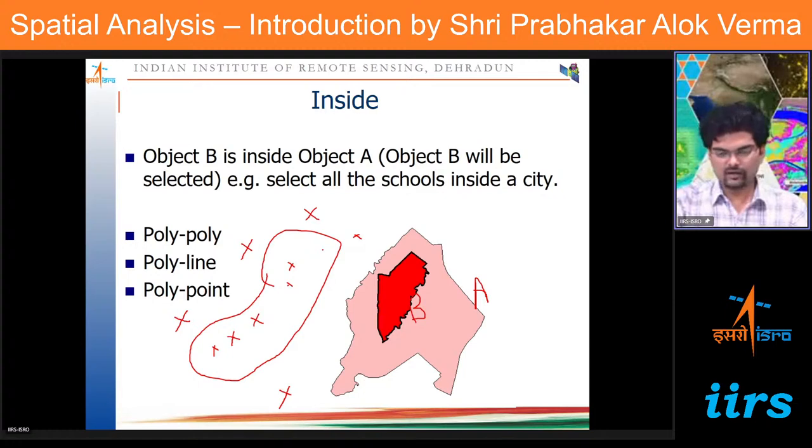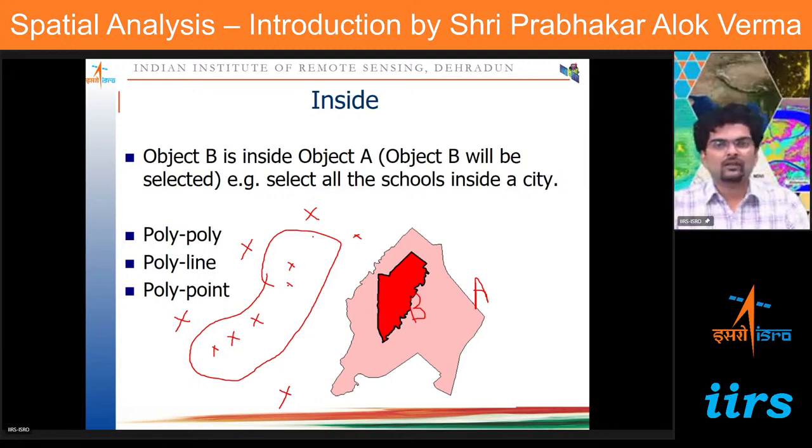I'm repeating again because you will get confused by seeing other relationships. You have the city boundary, you have schools, some are present inside the city, some are outside. But your aim is to select the schools which are inside a city. So in this case, schools inside the city will get selected. So this is inside relationship.